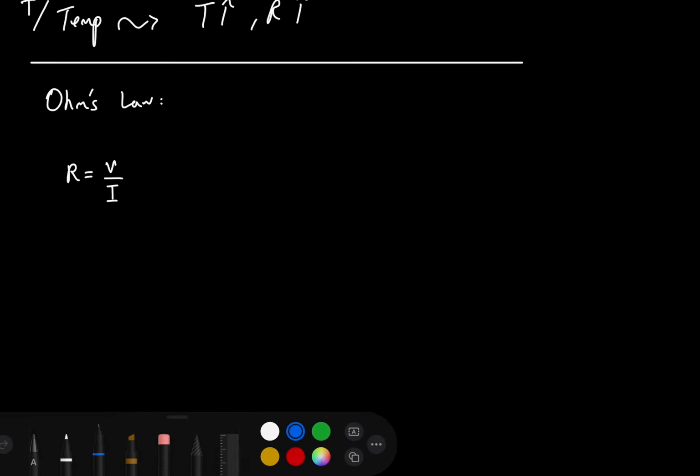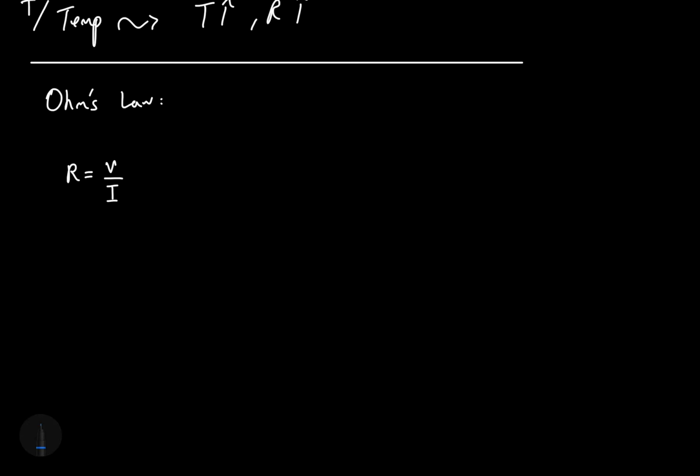So what does this law really state? It says that voltage across current will remain constant as long as the temperature does not change. We know that V is the voltage measured in volts, I is the current, which is measured in amperes, and R is the resistance or electrical resistance measured in ohms.